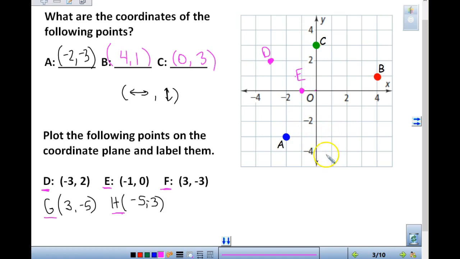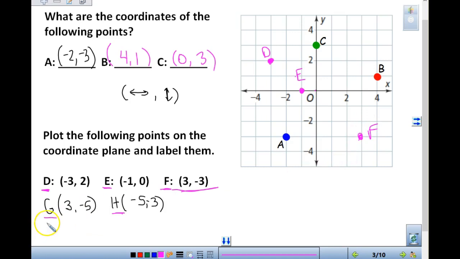So if we're looking, Aaron, to plot point F, starting at the origin, what am I going to do? Go left and right. We're on this point F right here. So the ordered pair says 3, -3. So tell me I'm going to go right or left? Right 3. Down 3. Okay? So I'm looking at point F.